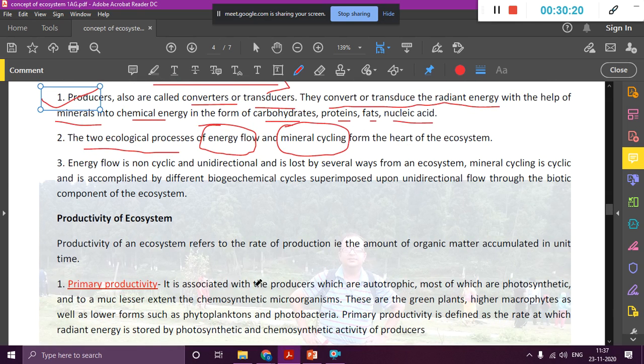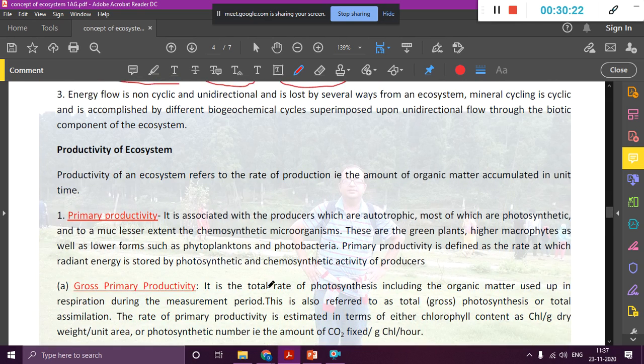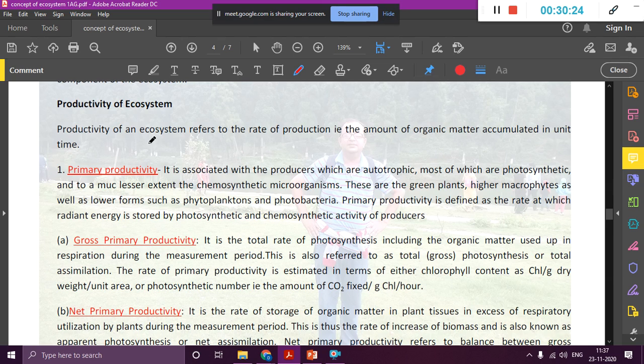Another aspect which we will study, that is productivity of an ecosystem. The first is the primary productivity. So what is primary productivity? It is associated with the producers which are autotrophic.